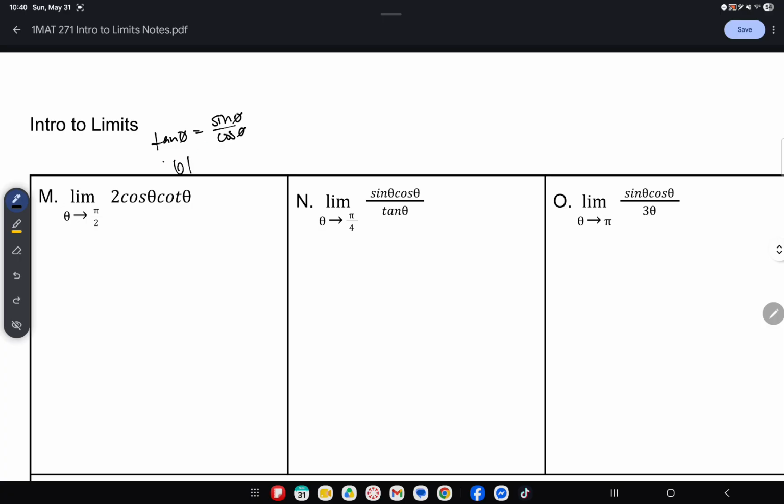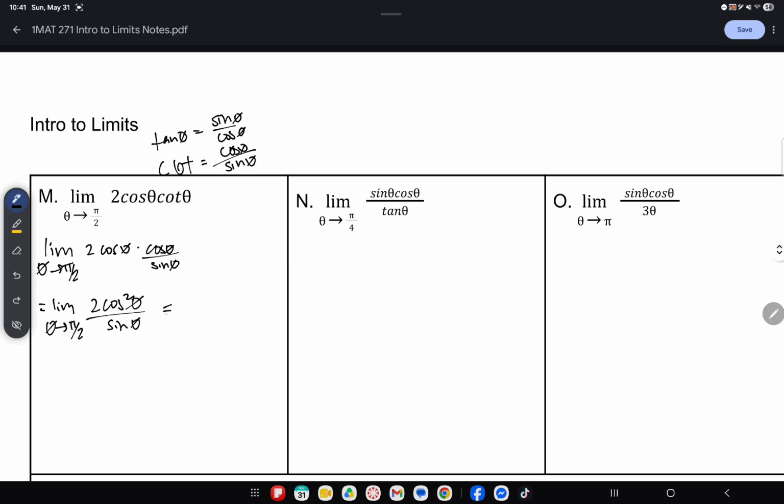Cotangent is the reverse: cosine over sine. So I have the limit as we go to pi over 2 for 2 cosine times cosine over sine. Okay, I can simplify just a tiny bit and say that's 2 cosine squared over sine.